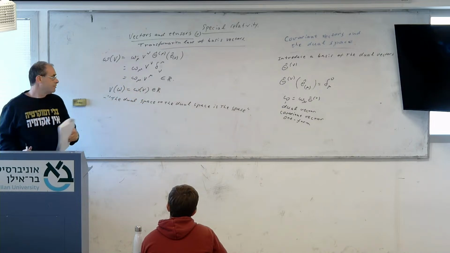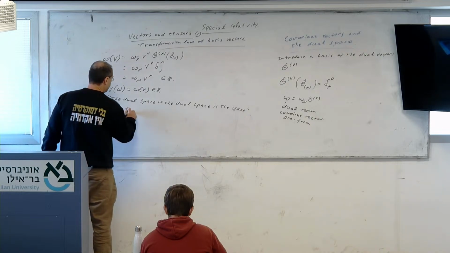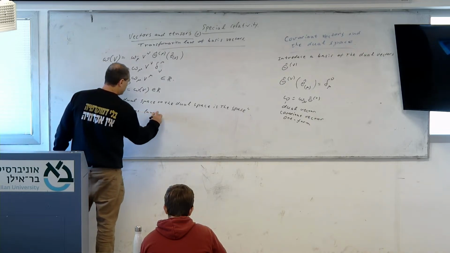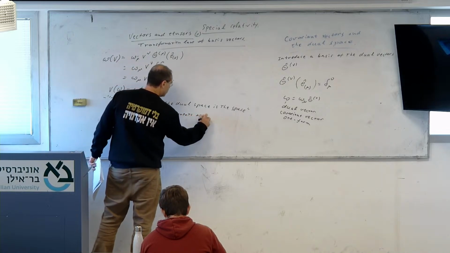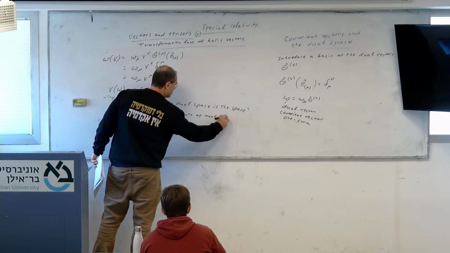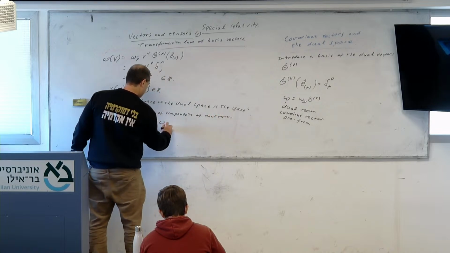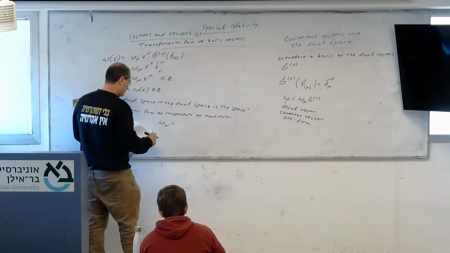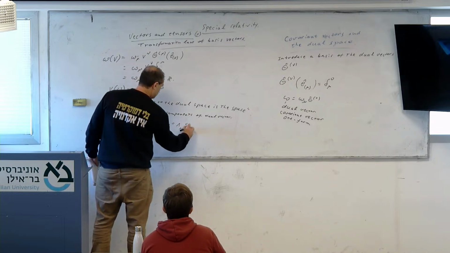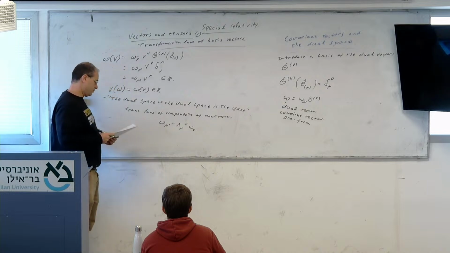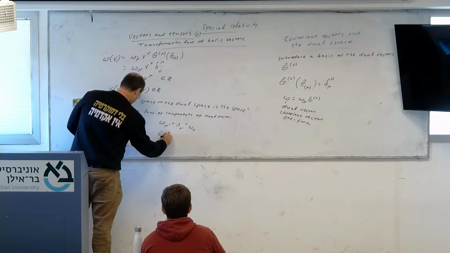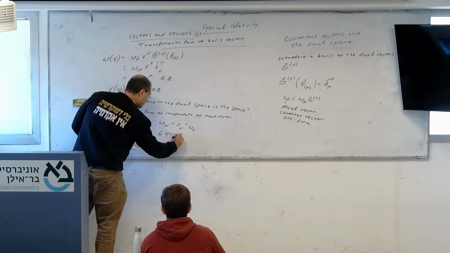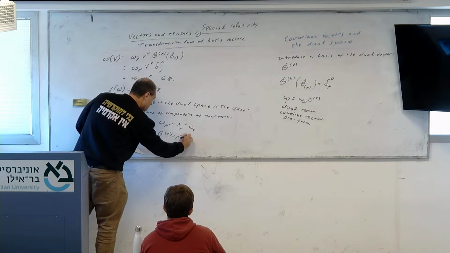So we have the transformation law of components of a dual vector: omega mu prime is lambda mu prime mu omega mu. And for the basis, theta mu prime is lambda mu prime sigma theta sigma.